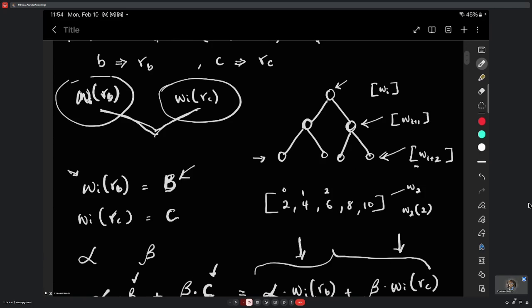Just think of b as the label for the particular input values. For now, just think of it as the normal circuit.